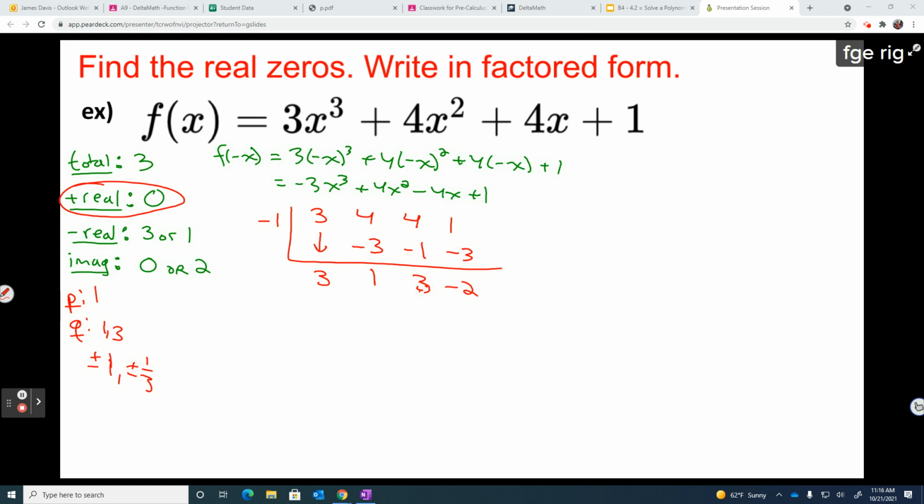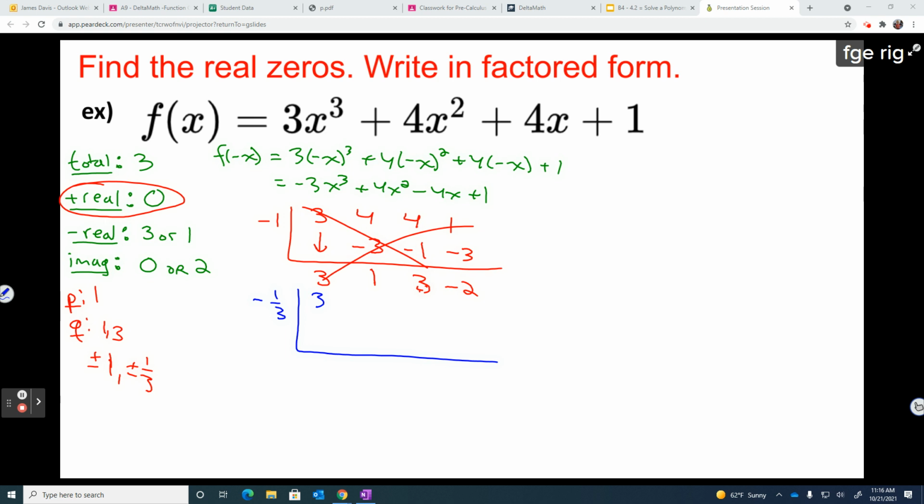And unfortunately, it doesn't look like that's going to work out. We did not get 0. We only got one other option then, right? -1/3. Because it's not going to be a positive 1/3. So let's try -1/3.